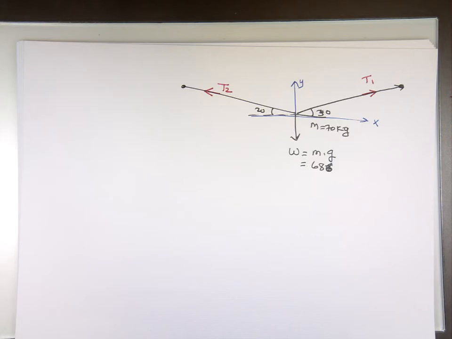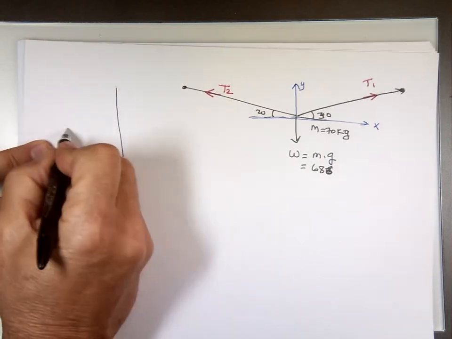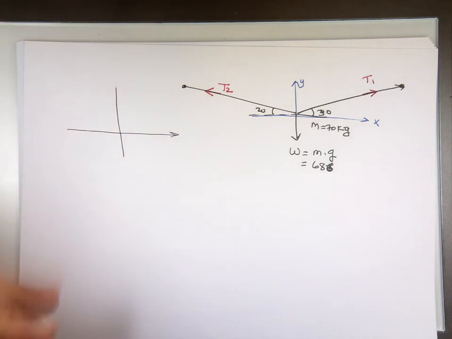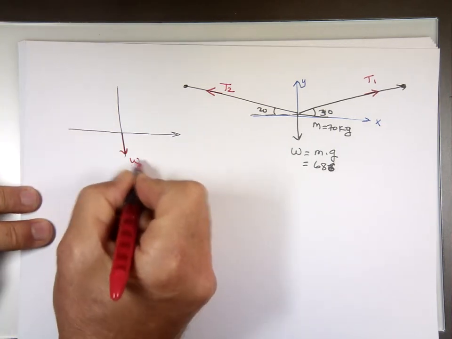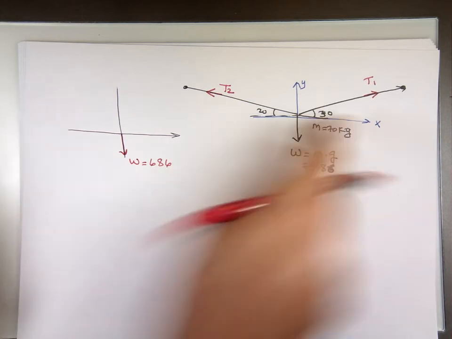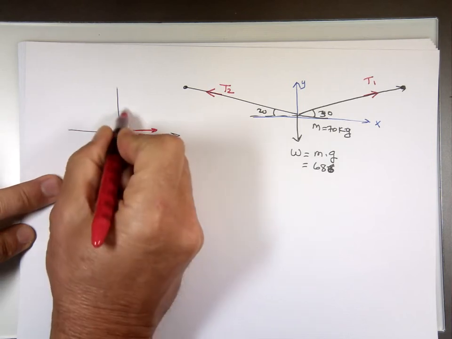Now I'm going to take these forces and break them down. Anything not on the x or y axis, I'm going to break down into x and y components. So here's the weight, which is 686. T1 is going to have a component in this direction and a component in that direction.